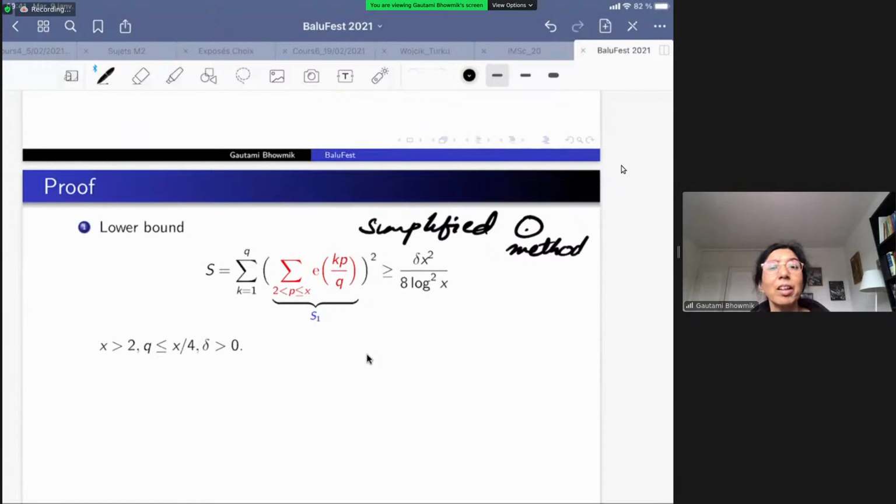It is not very different from his proof. It is, however, pushed to where we could push it.